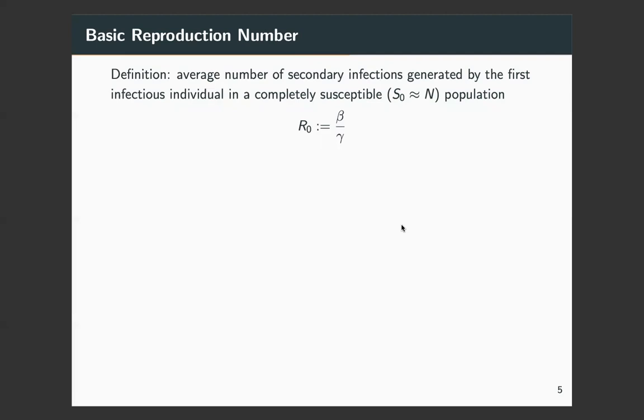Completely susceptible means S0 is approximately the total size N, and R0 is defined to be beta, which is the contact rate between S and I, over gamma, which is the removing rate.